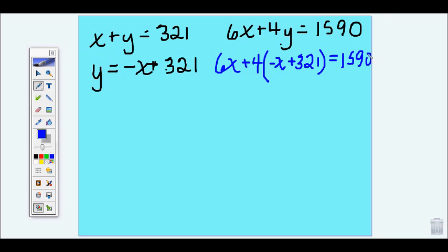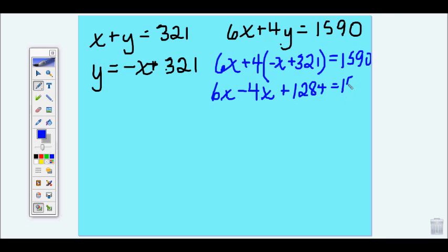Now I'm going to go ahead and simplify that expression. So I get 6x. Positive 4 times negative x is negative 4x. I'm not going to take any shortcuts this time though. Positive 4 times positive 321 equals positive 1,284.